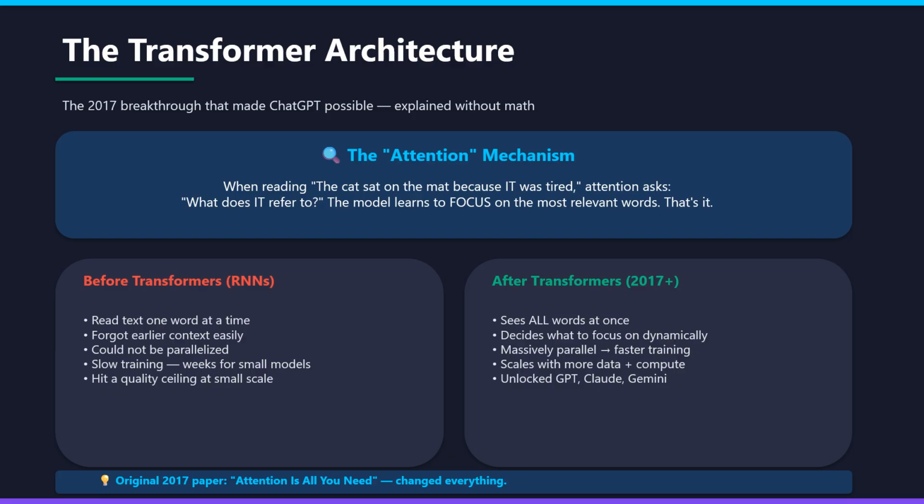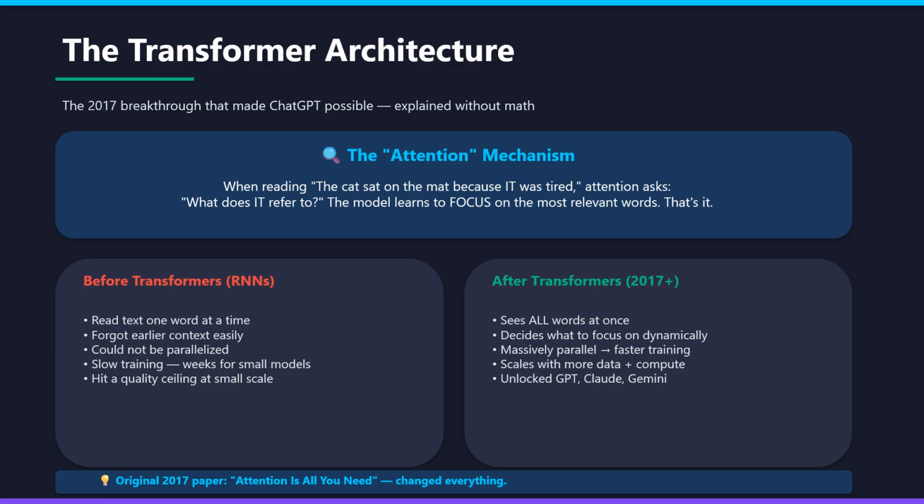Now look at the before and after comparison. Before transformers, we had RNNs, recurrent neural networks, right? They read text one word at a time, forgot earlier context easily, couldn't be parallelized. They were slow to train and hit a quality ceiling at small scale, right?